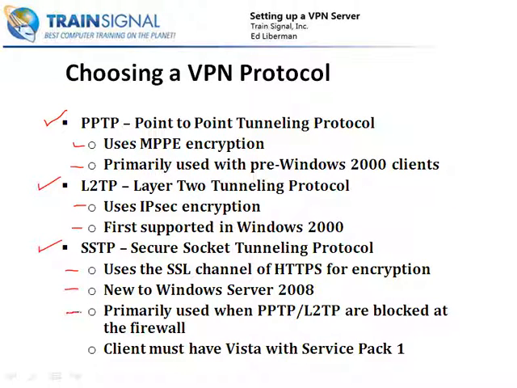And here's where it comes in real handy. It's used when PPTP and L2TP protocols are blocked on a firewall. See, this is the problem. We may allow PPTP and L2TP to be open on our firewall, but what happens when you have a remote user in someone else's network and they have PPTP and or L2TP blocked?